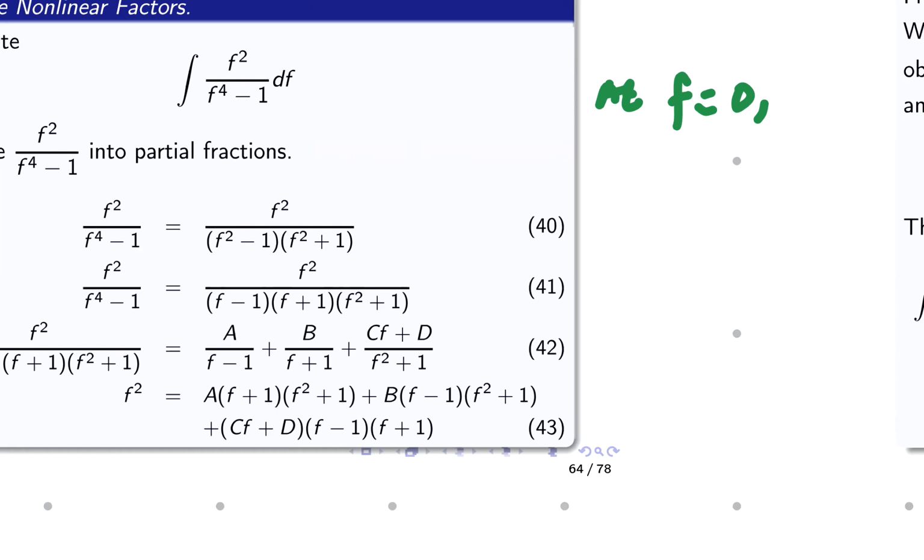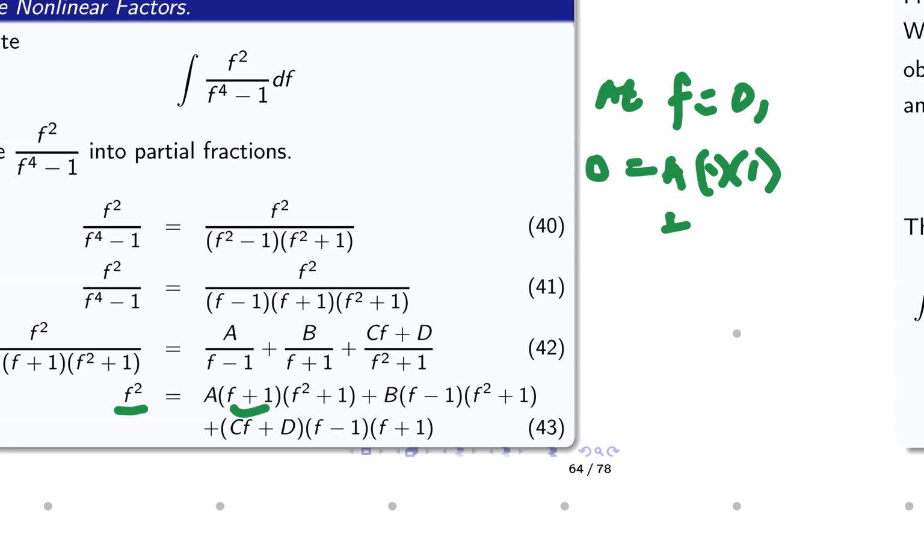If f is 0, the left-hand side will be 0, right? 0 squared is 0. So this will be a into 0 plus 1, that's 1. Then 0 squared is also 0, then plus 1, that's 1. Then plus b into minus 1 into 1, because this is 0 squared plus 1.